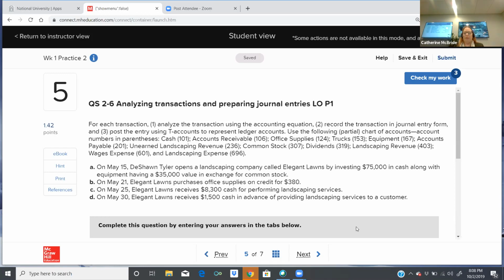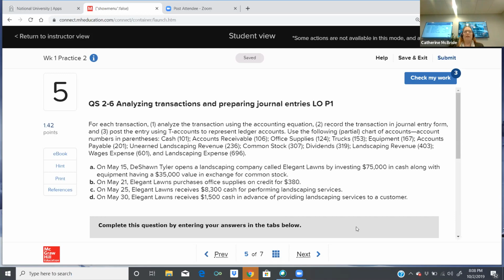So cash is an asset that increased. Now go to your resource sheet. If we increased an asset, do we debit it or credit it? We increased an asset, so we're going to debit it. So write down DR next to that. Equipment is an asset.